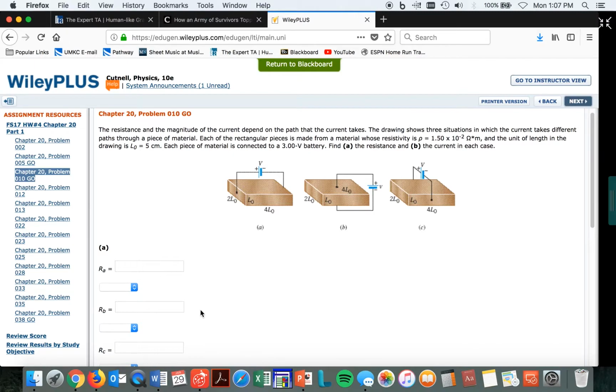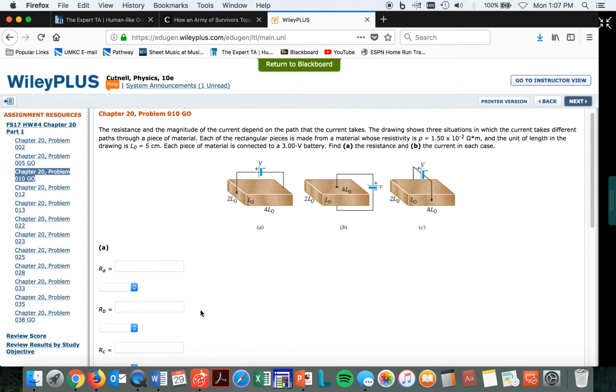Each of the rectangular pieces is made from a material whose resistivity is equal to 1.5 times 10 to the negative 2 ohm meters. That's a pretty high resistivity, so it's not a very good conductor in the first place. And the unit of length in the drawing, L naught, is equal to 5 centimeters.